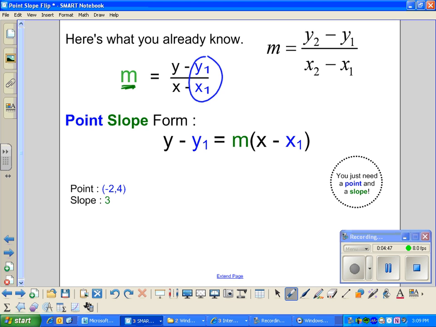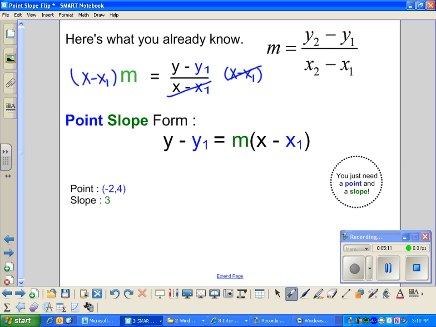Okay. And from there, we can derive the point slope formula. So basically, if I multiplied both of these sides by x minus x sub 1, these would divide out.